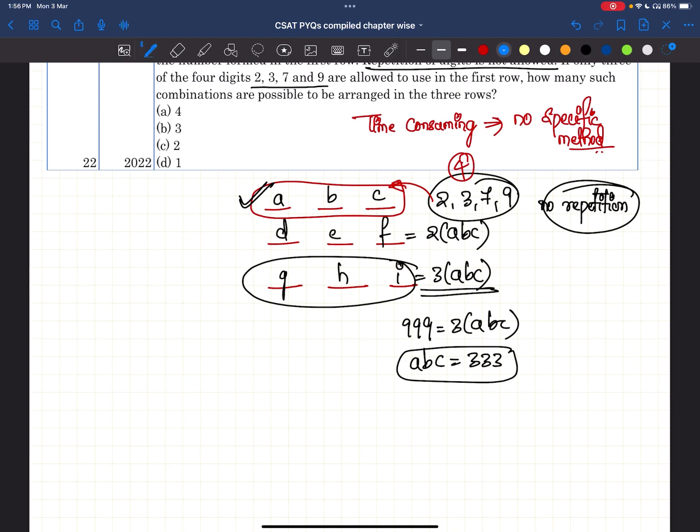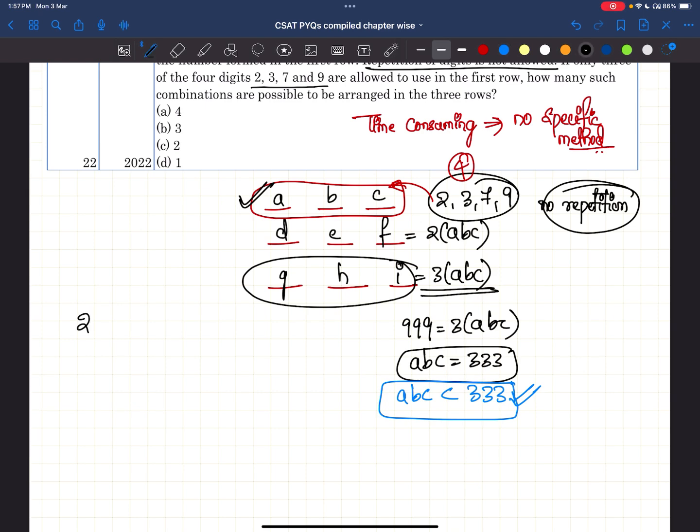So here ABC should be less than 333, right? Because if ABC is greater than 333, we'll get 4-digit numbers. Okay, so by using these conditions, we'll make the possible numbers.